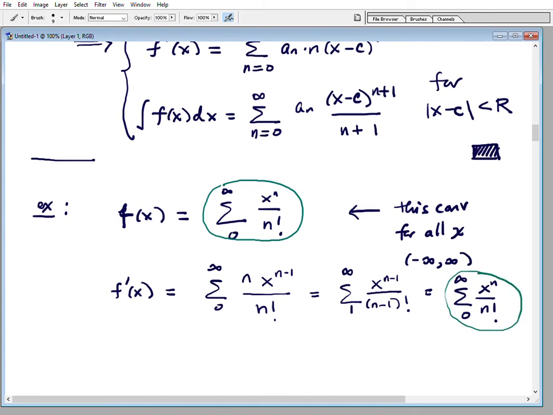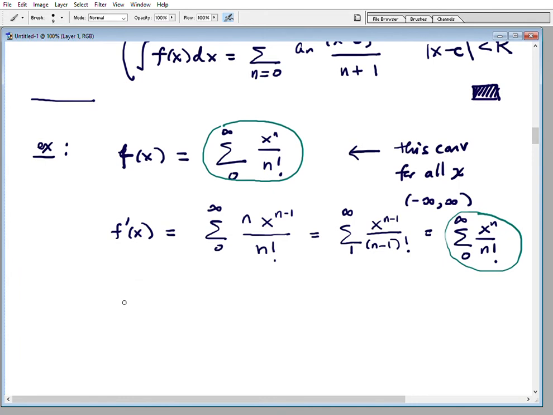Well, let's expand it. Maybe it's easier to see if we expand a little bit. So this is what f of x is: 1 plus x plus x squared over 2 factorial, and so on. I'll just write a few terms.